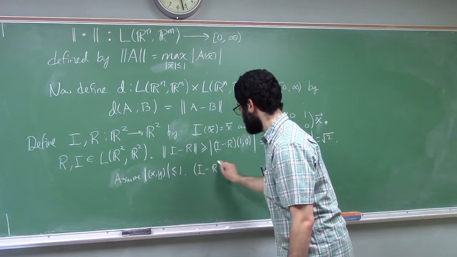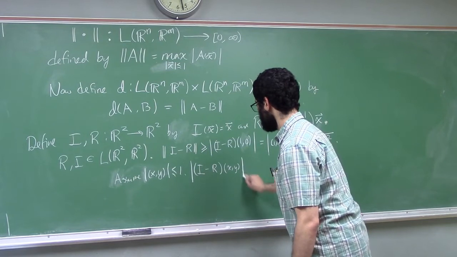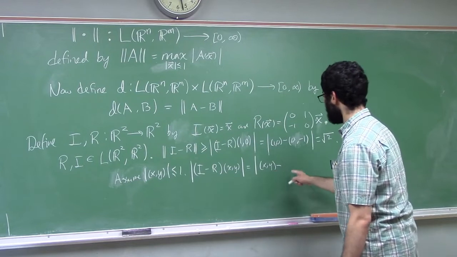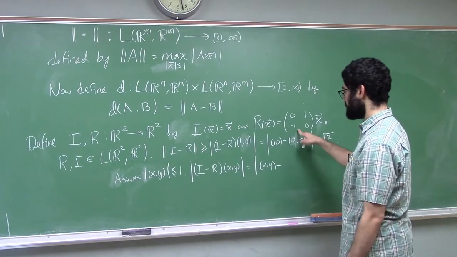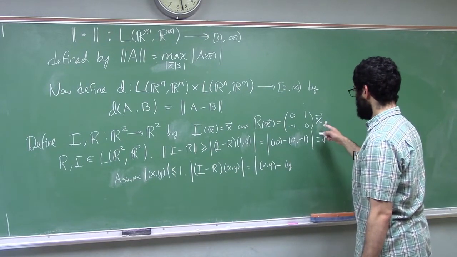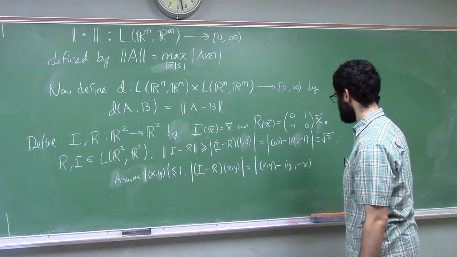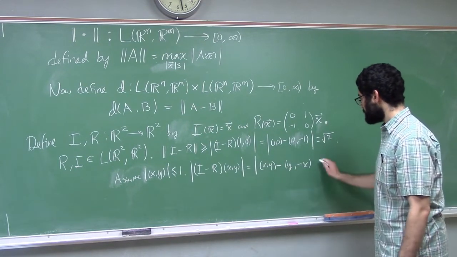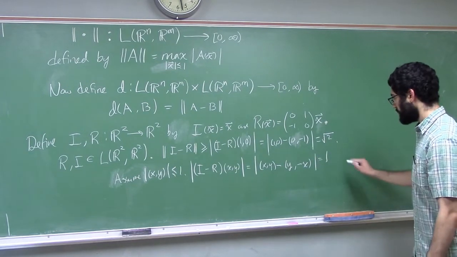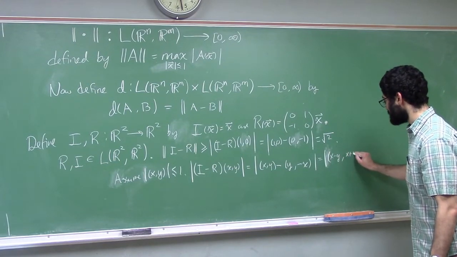Then the norm of this applied to that vector is the norm of (x, y) minus, and here I should get, let's see, this matrix applied to (x, y) is (-y, x). And that gives me the norm of (x + y, y - x).